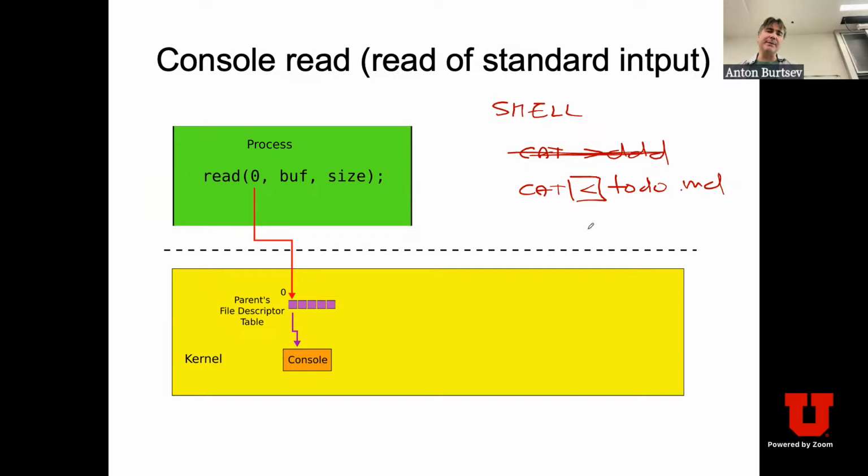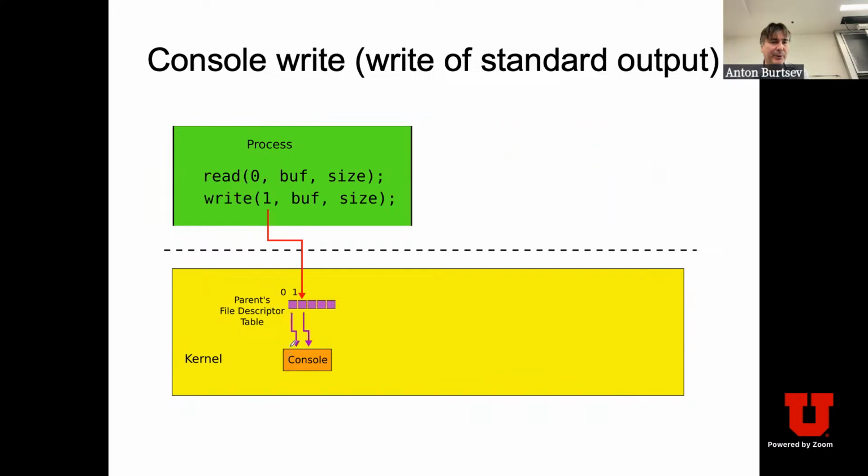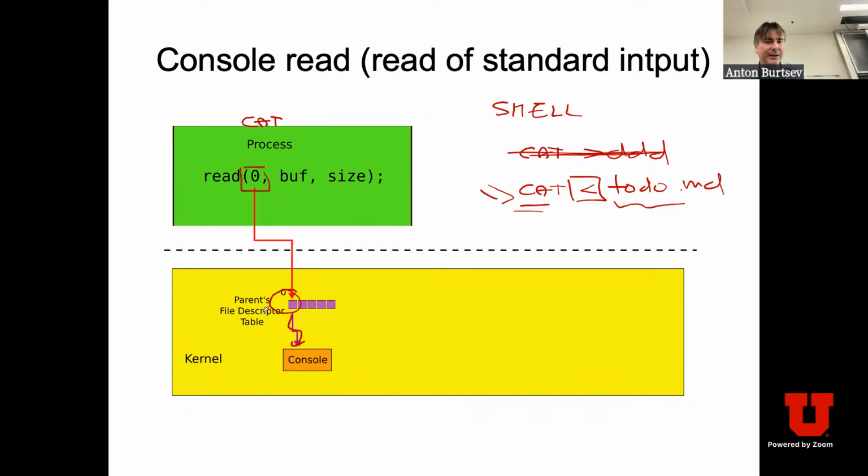So it parses this symbol and says, okay, the guy who typed this command wants me to start cat, but in such a manner that the standard input will be taken not from the console, but from the to-do, right? And by the time it starts the cat, before it starts, it makes sure that 0 is opened. And instead of pointing to the console, this one will be pointing to to MD, right?